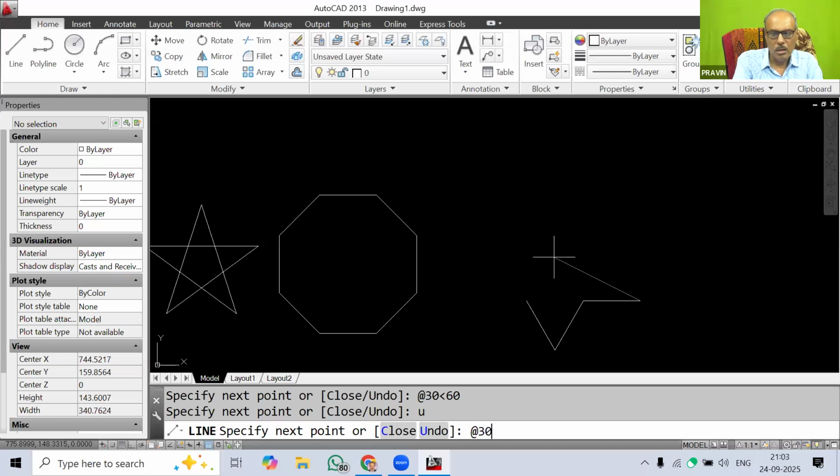At 30 less than 120. Then at 30 less than 60. At 30 less than 180. At 30 less than 120. At 30 less than, so angle B will be 240. At 30 less than 180.